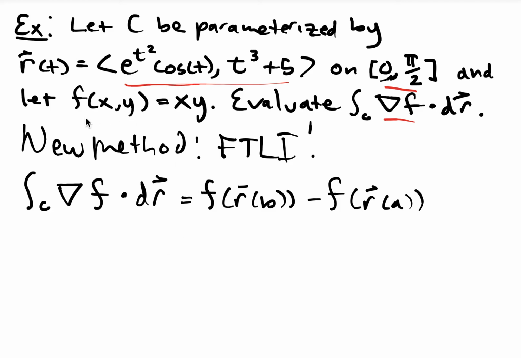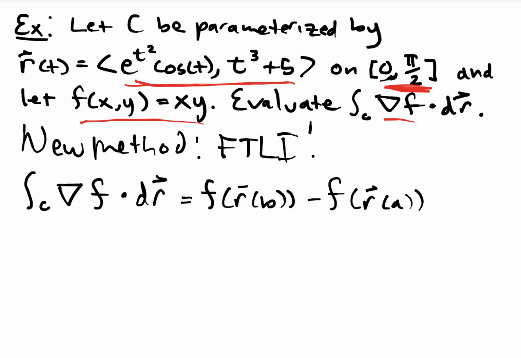I have given you what f is, it's right here. I've given you what r is, it's right here. And a and b, they're on that interval. So once you have a parameterization for your curve and you know your potential function, you have all the pieces to evaluate this.